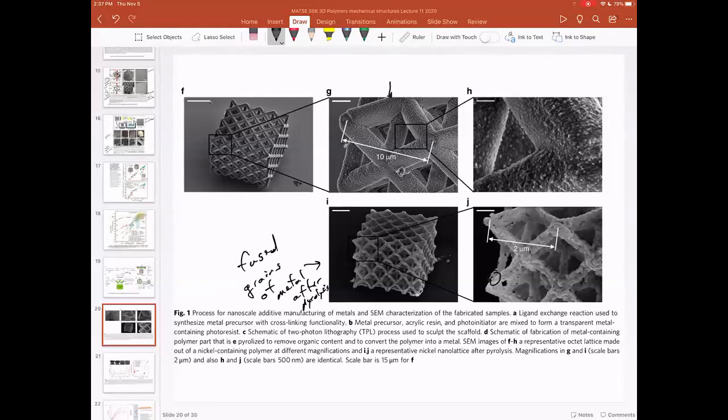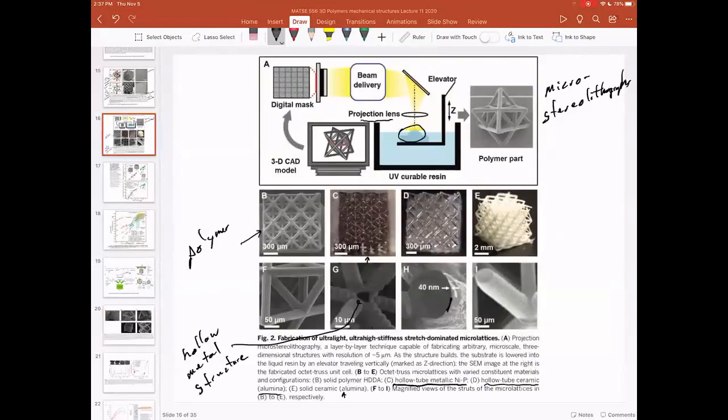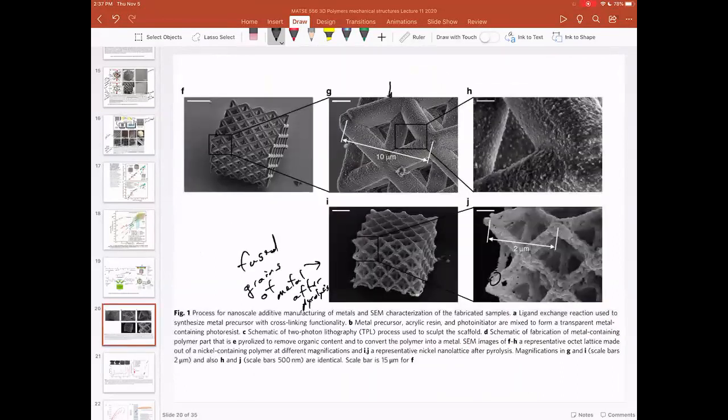So rather than electroplating the structure and making it hollow, so you coat the surface with metal and then you just dissolve the polymer away, basically, you transform the polymer containing a metal salt into a pure metal, so you get this grainy type structure.